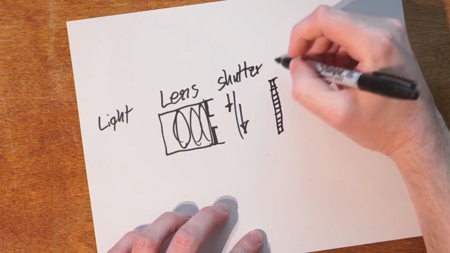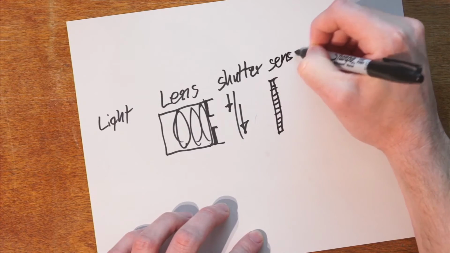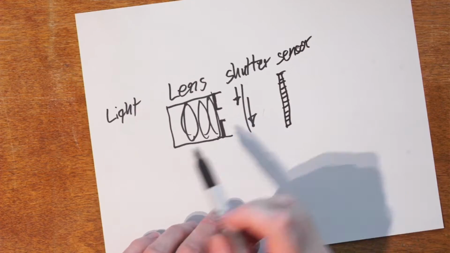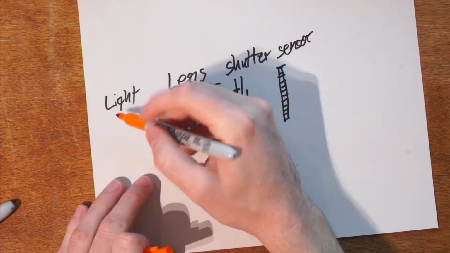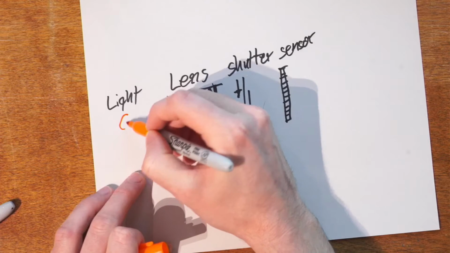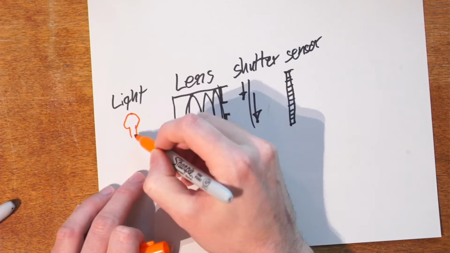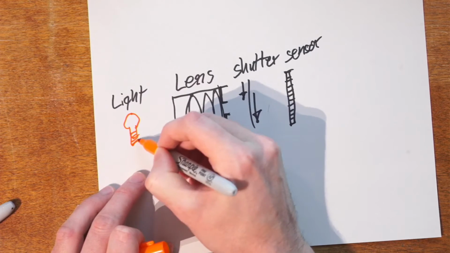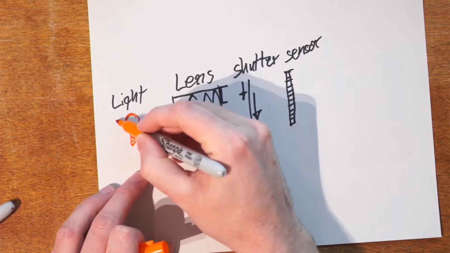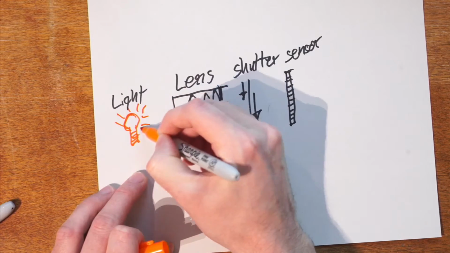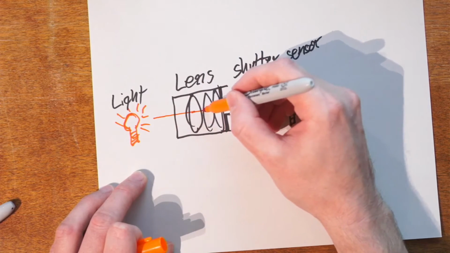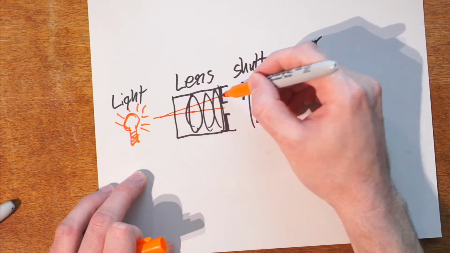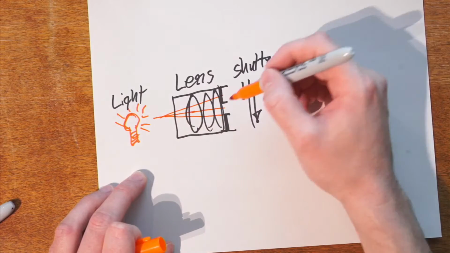And our sensor, it's right there. So we have light that is coming through. We have our light source. Let's do our traditional little light bulb. So we have light coming through here. Some of that is going to get grabbed by the aperture.